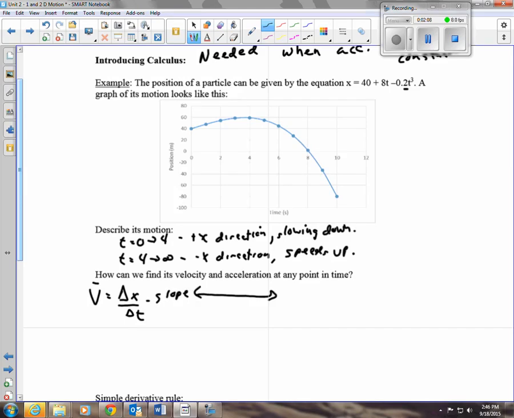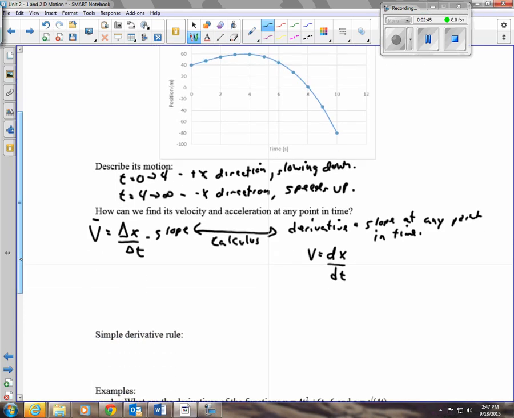Now what we do in calculus is we find the derivative, which is the slope at any point in time. So the velocity is going to be the derivative. We'll write derivative as dx by dt. Okay, and that's going to be the velocity at that particular point in time.